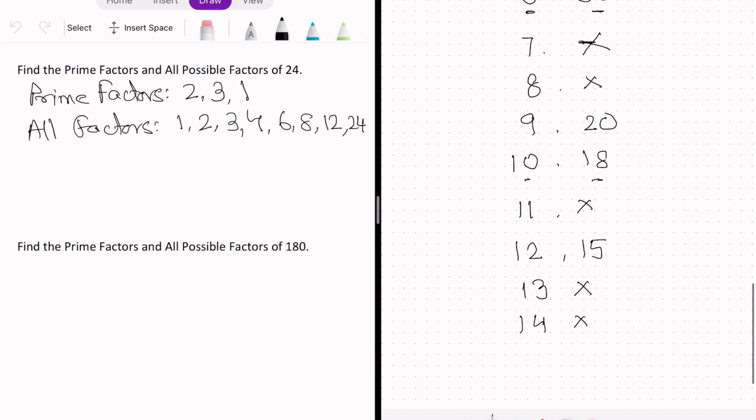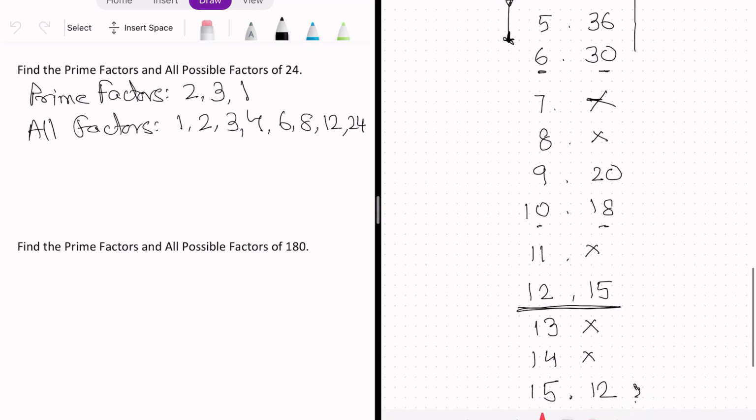Nothing multiplied by 14 can give 180. The next number is 15 multiplied by 12. But I know that I already have 15 and 12 here. So this step is not required anymore. So this gives me all the factors of 180.